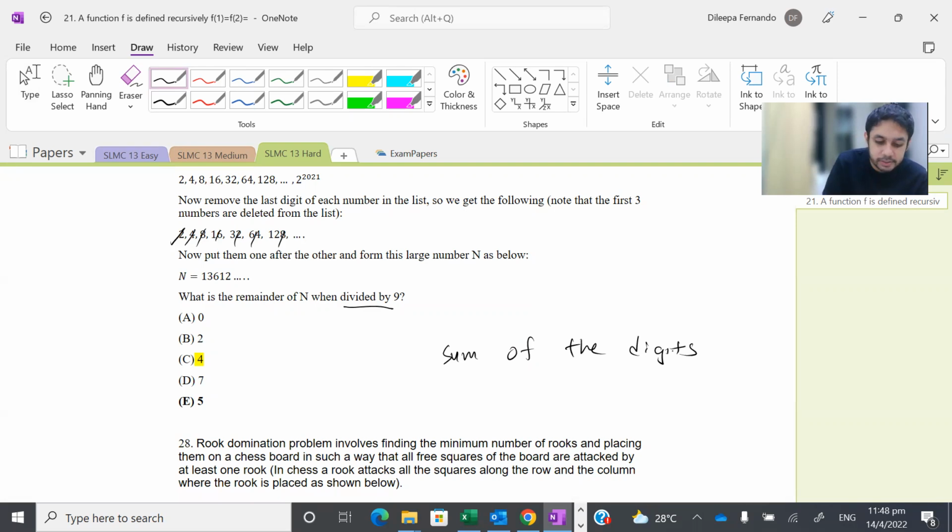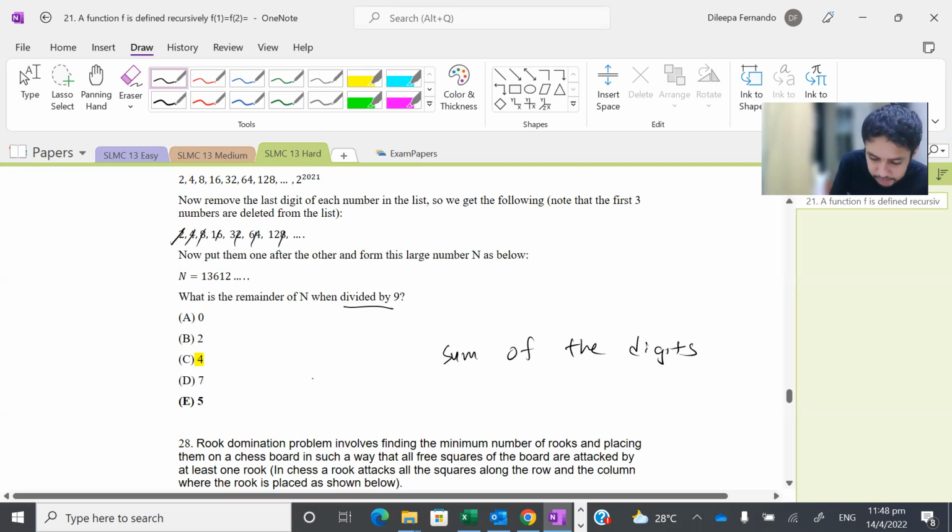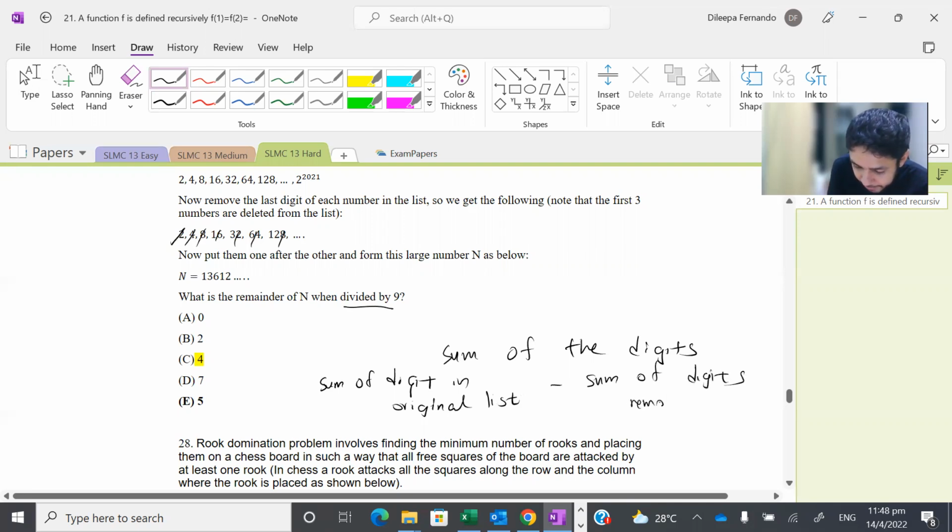And it's easy because it's all about removing last digits. So what we have to do is the sum of the digits in the original list, minus the sum of the digits removed. Then we will arrive at an answer.